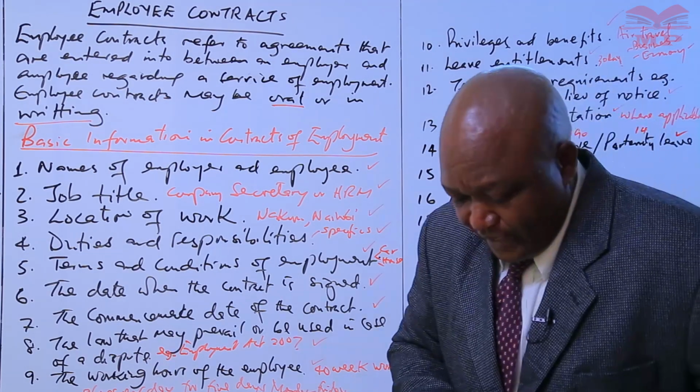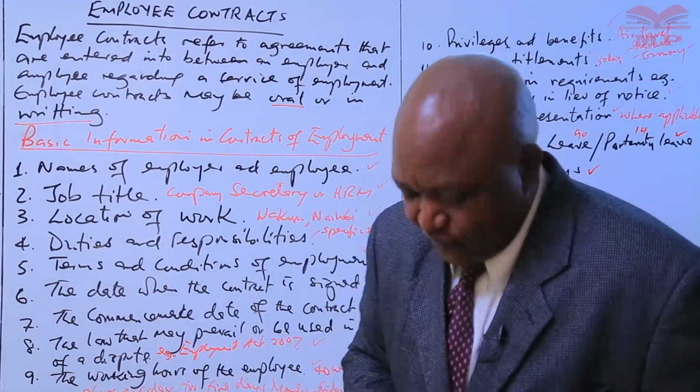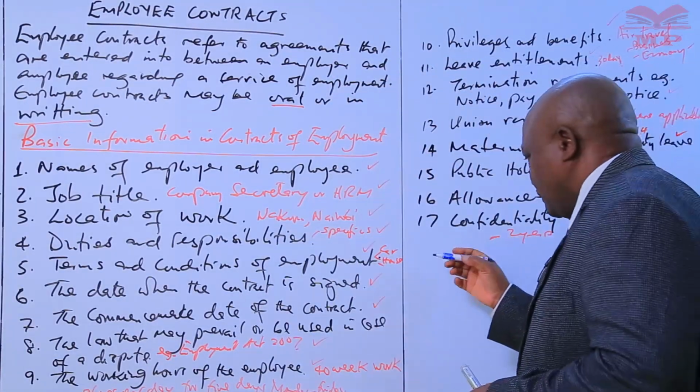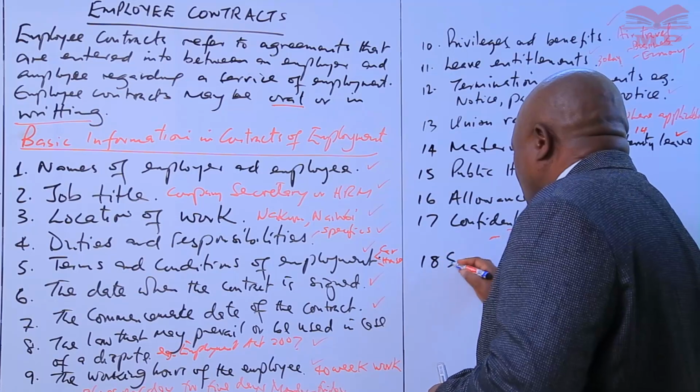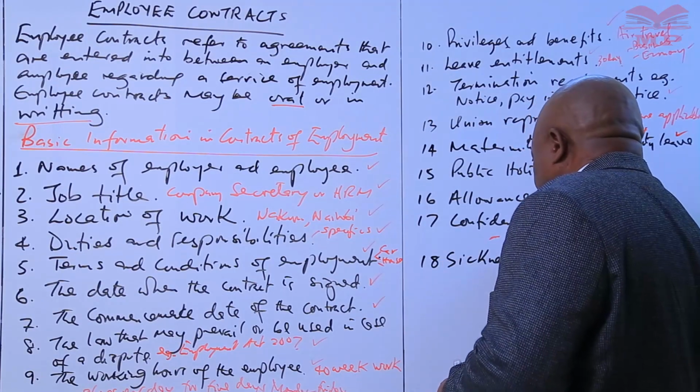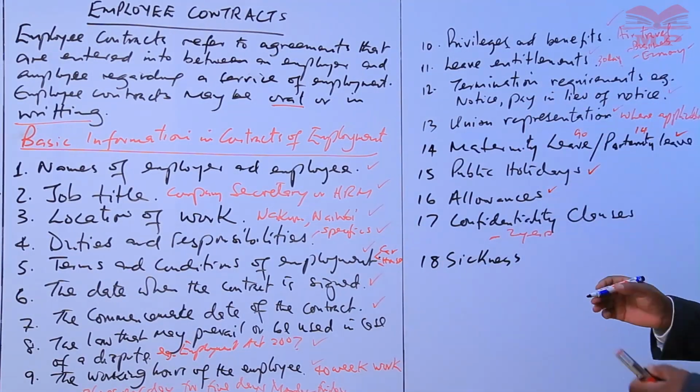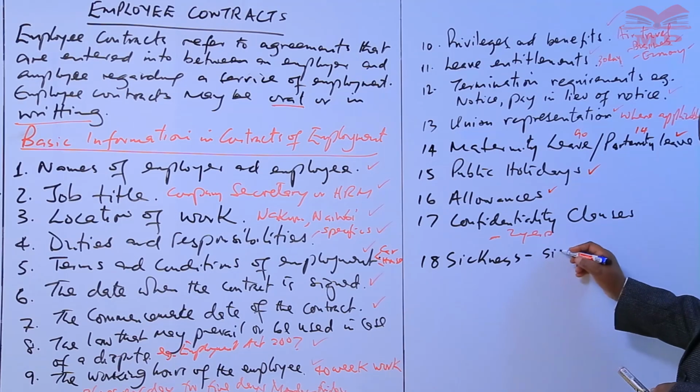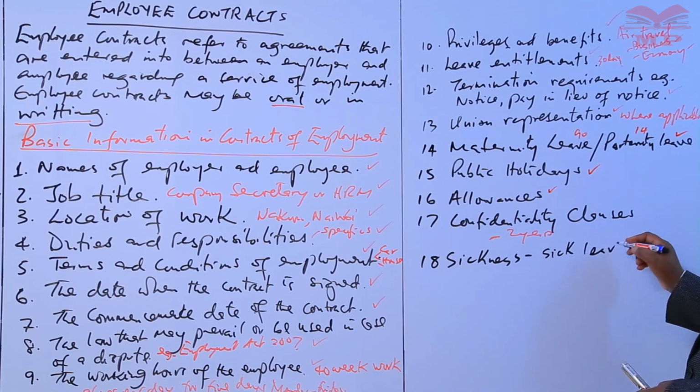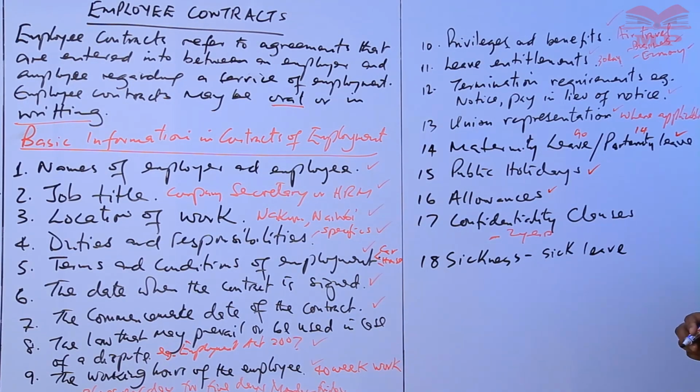And what we are saying, dear learner, these ones are just some of the aspects. There are others, for example. How will sickness be handled? And this one brings us to what is called sick leave. It is important that it is indicated if an employee falls sick, maybe the first, say, 30 days, the employee will be on sick leave, maybe with full pay.